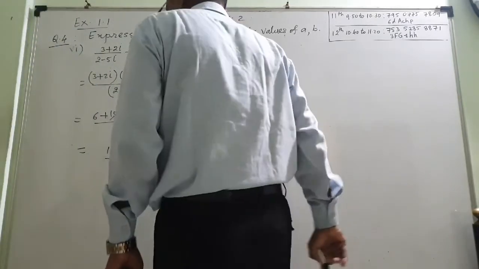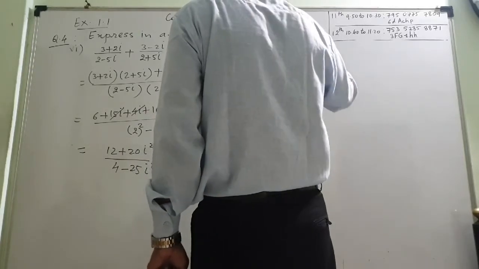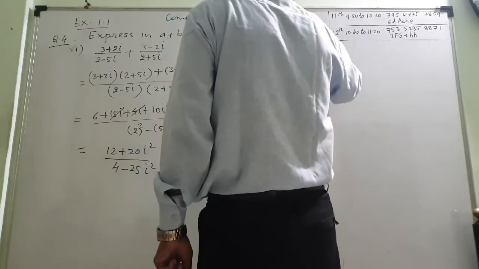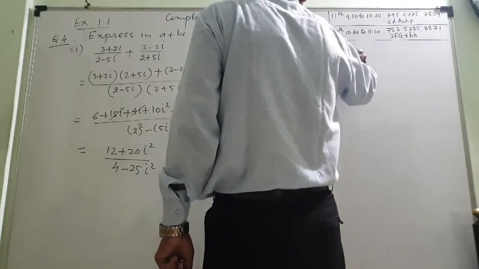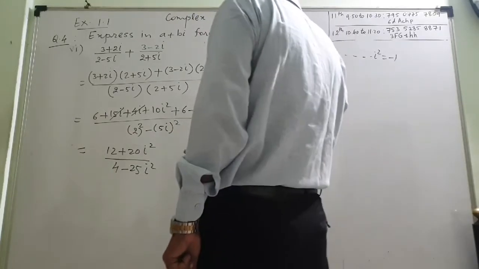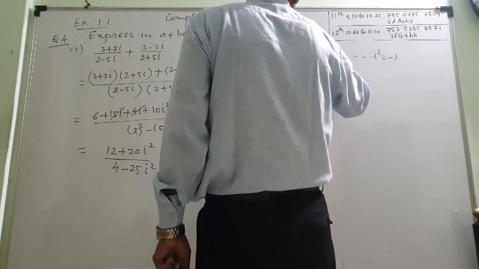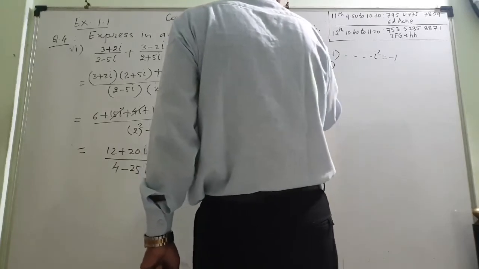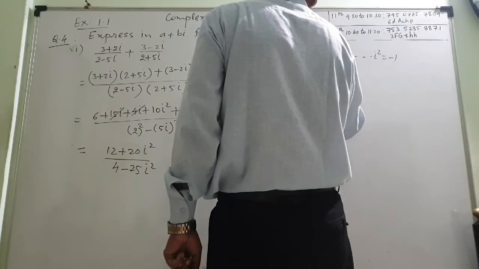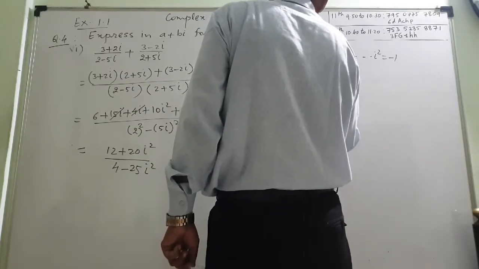So that is equal to 12 plus 20 into minus 1, i square equal to minus 1, upon this is 4 minus 25 into minus 1, that is equal to 12 minus 20 upon 4 plus 25. So this is equal to minus 8 upon 29.